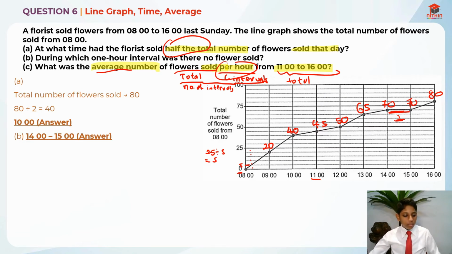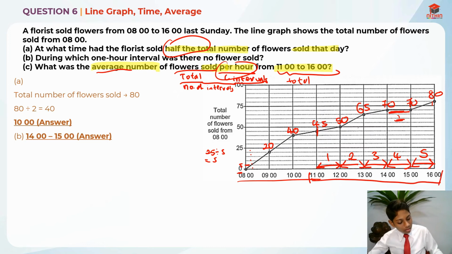Okay, so basically the number of intervals. There's 1 interval over here, 2 intervals, 3 intervals, 4 intervals, 5 intervals. So there's 5 intervals over here. Before that we need to find the starting point for 1100, because we don't actually know the total number for 1100 to 1600.